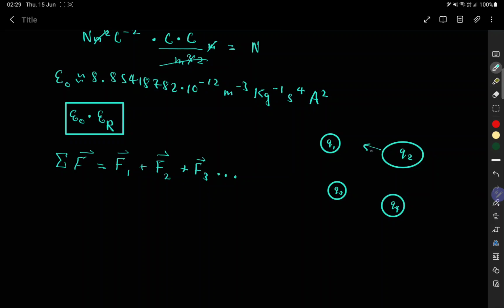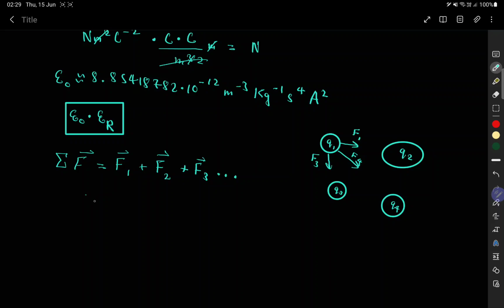So Q1 is affected by Q2, so let's just say this is F1. Now Q4 is also in its vicinity, so it should also have F4 affecting it. But then Q3 is also in its vicinity, so it should also have F3 affecting it.